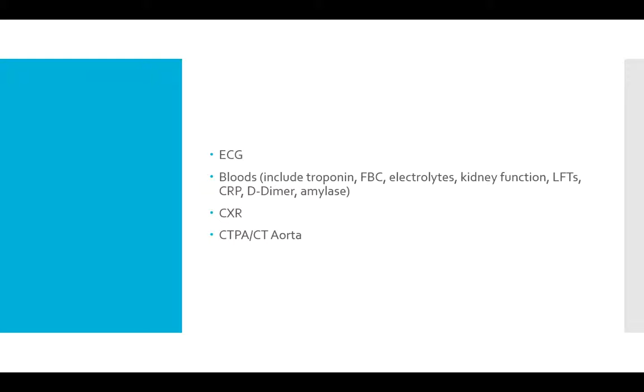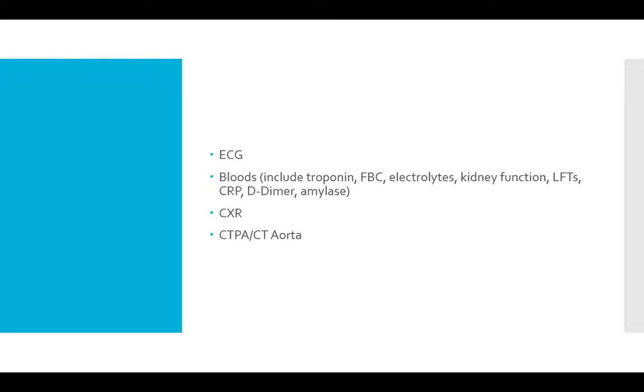Now, you probably wouldn't do all of the bloods mentioned in this slide, but it's just a variation of the bloods that you might consider doing. So if you're concerned that this is a cardiac pain, obviously add a troponin. I have a lower threshold for adding a troponin in elderly patients with chest pain, just because elderly patients and diabetic patients tend to present slightly differently, or they can present atypically.